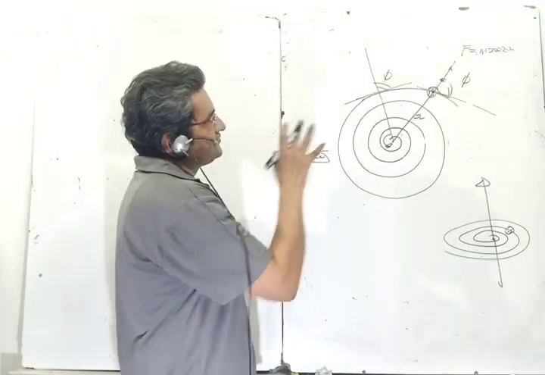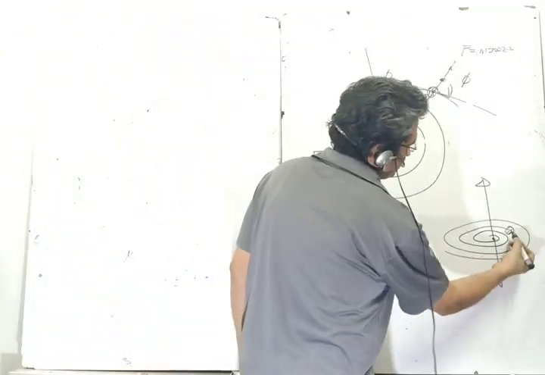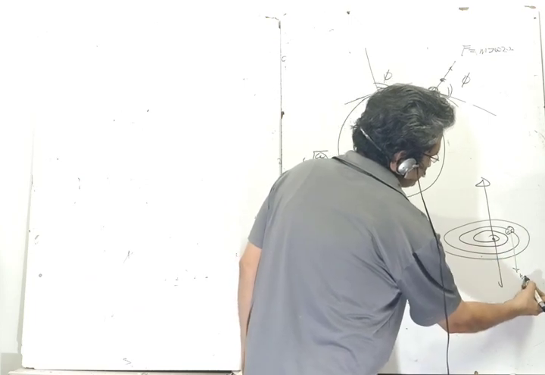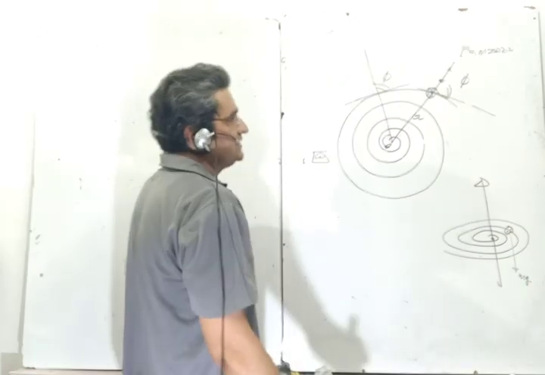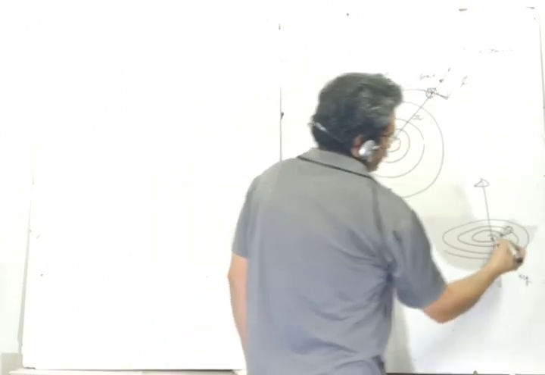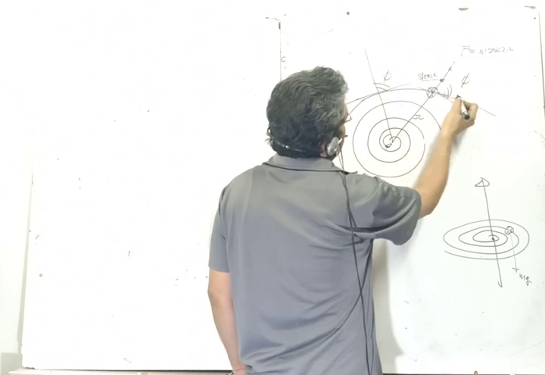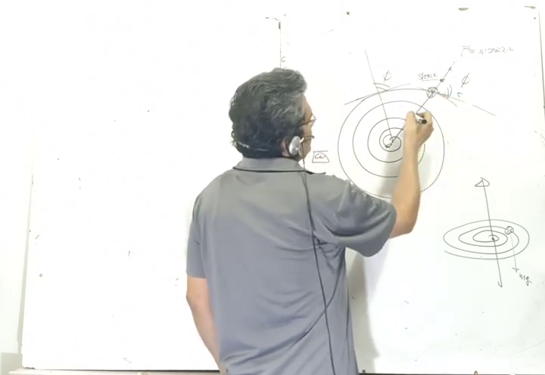Now what other forces act on it? When it is in the horizontal plane, mg is the force acting on the sleeve. What is the other force acting on it? It is moving with a certain velocity at this point of time, and it is also rotating with omega.